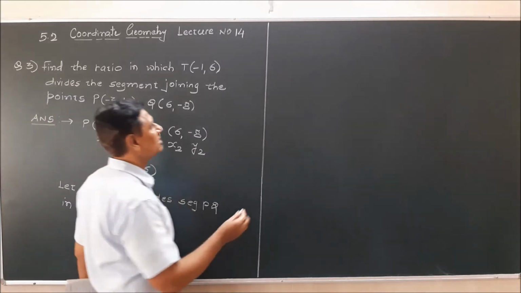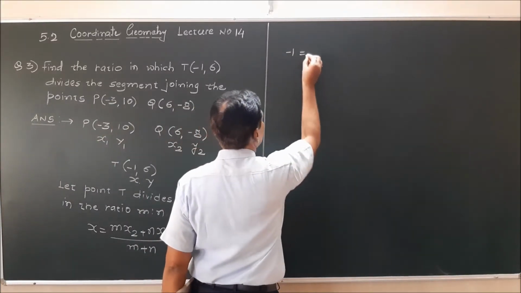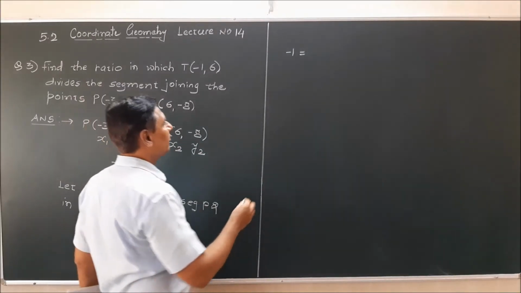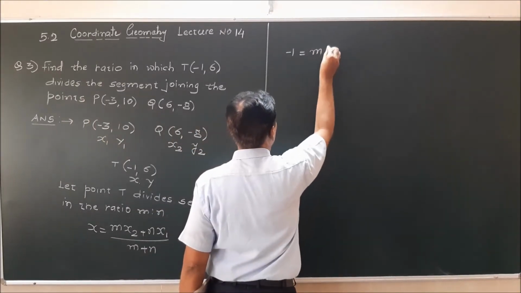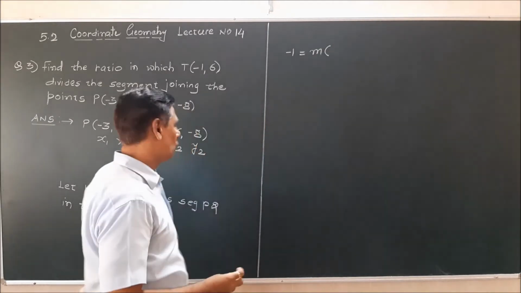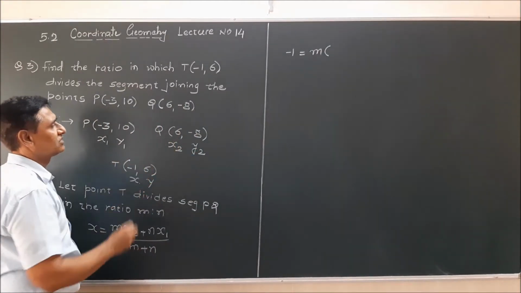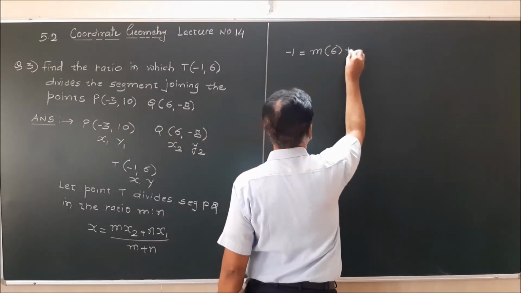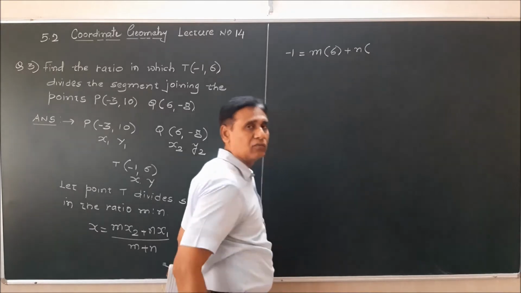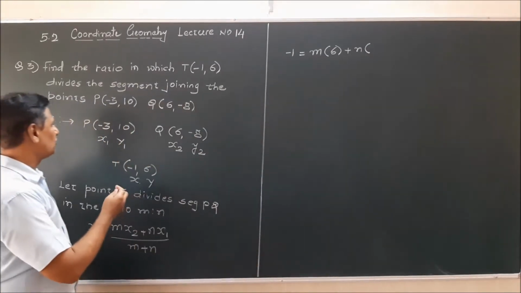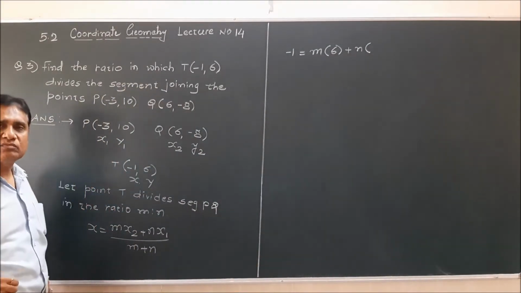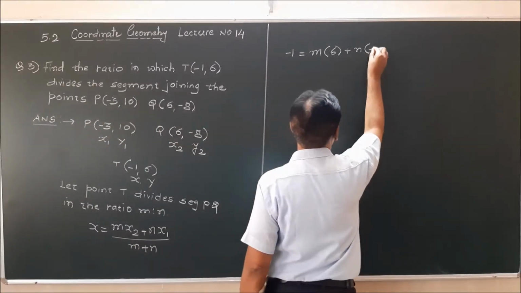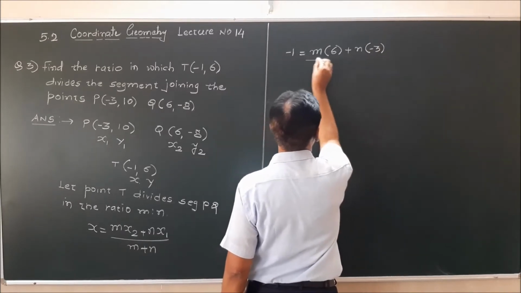So -1 is equal to (m x2 + n x1) upon (m + n). The value of x2 is 6, and the value of x1 is -3.